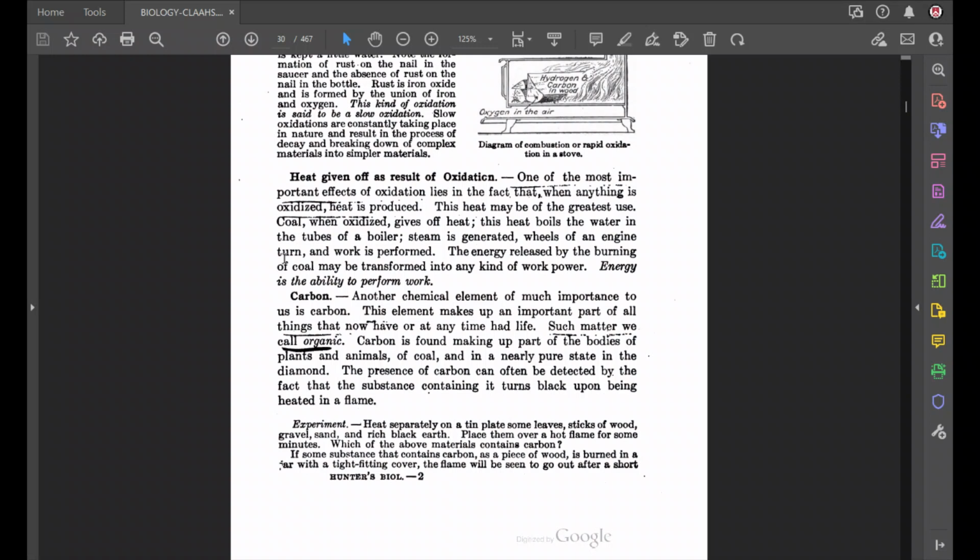So how do we know that carbon is present in something? The presence of carbon can often be detected by the fact that the substance containing carbon turns black when heated by a flame. So if you have ever put something into a flame and it turned black, the reason why it turned black was because carbon is present in that substance.